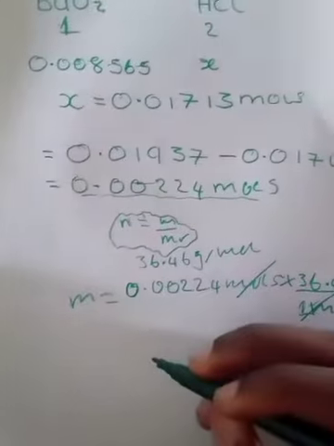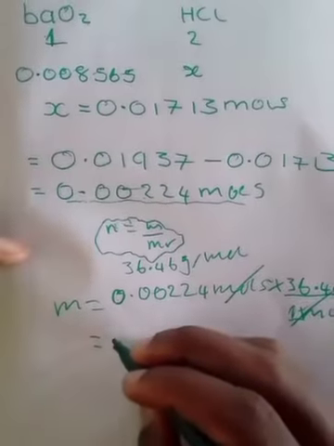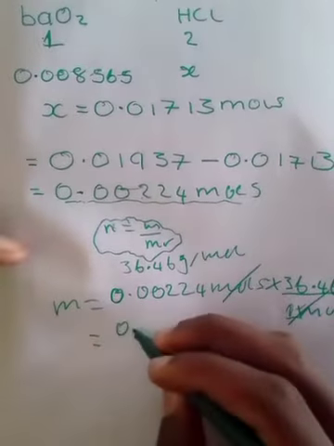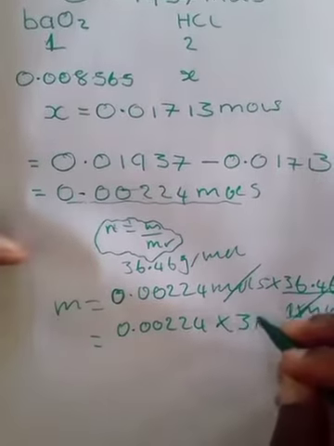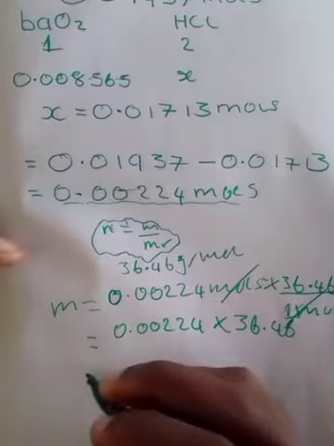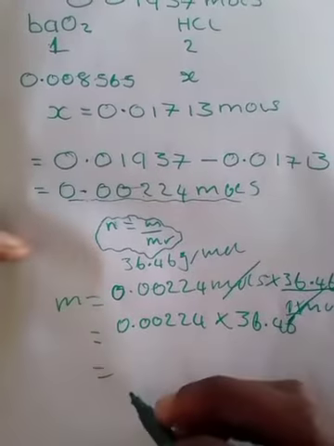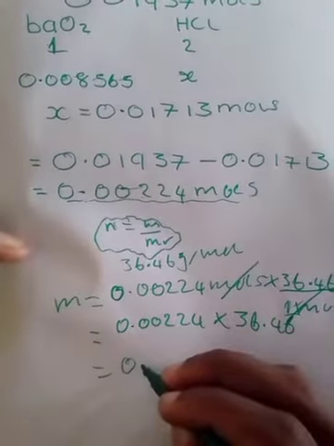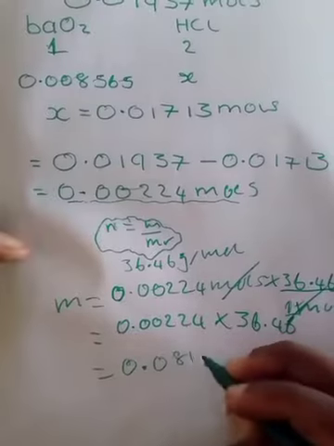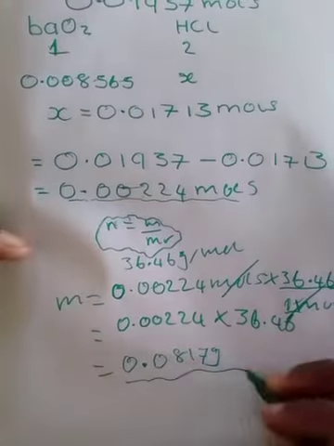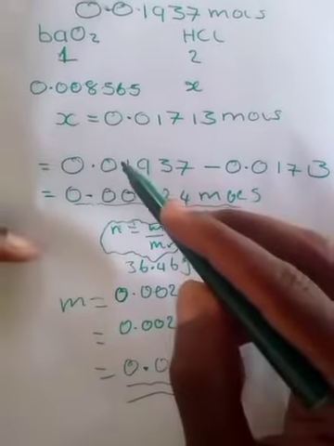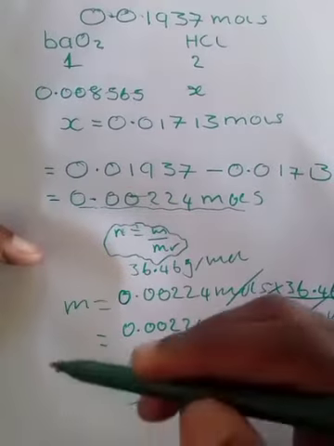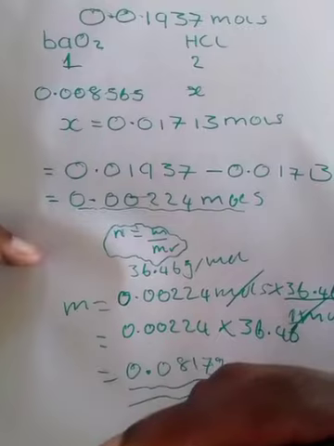Now you're just going to remain with 0.00224 times 36.46. When you punch this on a calculator, you should get 0.0817 grams. So these are the grams of hydrochloric acid that were left over, that were in excess.